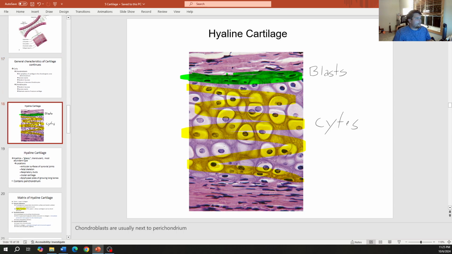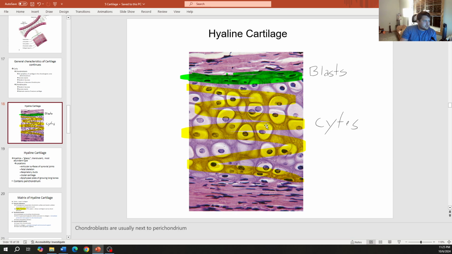Okay. Here's just a little image kind of showing this. Whenever we look at the design, the perichondrium, remember the perichondrium, its purpose, it has that chondrogenic layer. So if it's producing chondrocytes, or it's producing cartilage, especially in those locations, we think that chondroblasts are primarily going to be there.